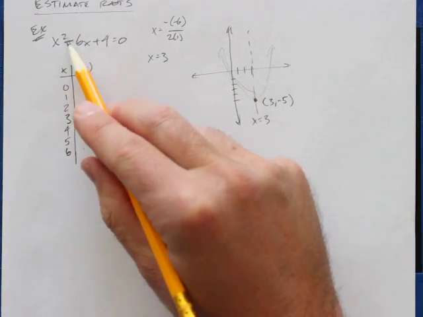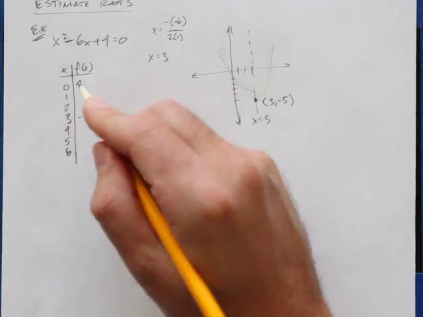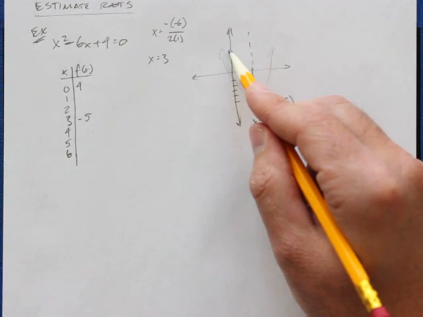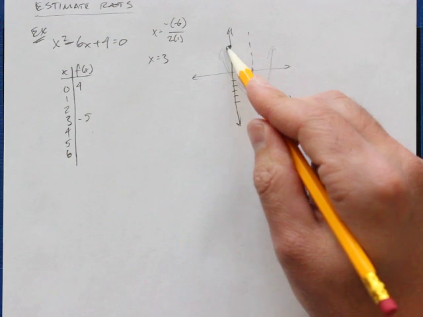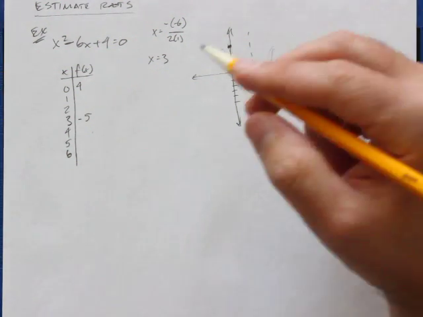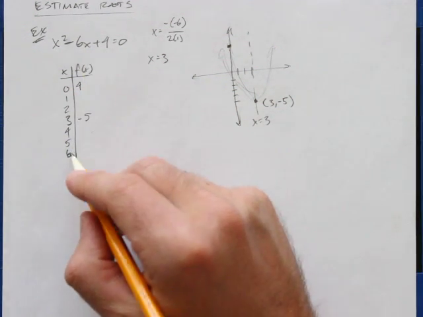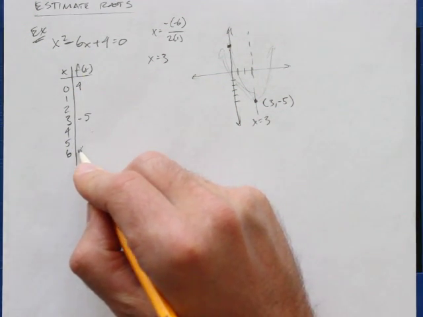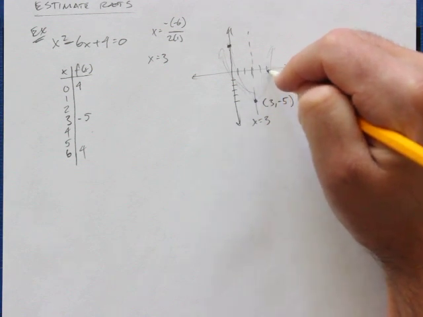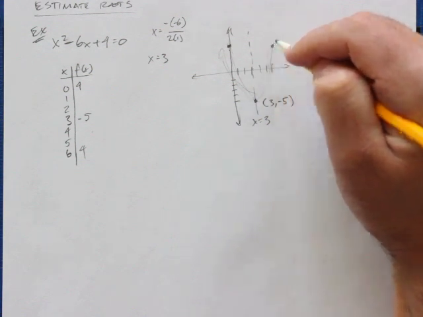When we plug in 0, we get positive 4, which is up here somewhere, right? And so if we were to plug in 6, we'd also get positive 4. So that'd be way up here. 4, 3, 4, 5, 6, positive 4, up here.